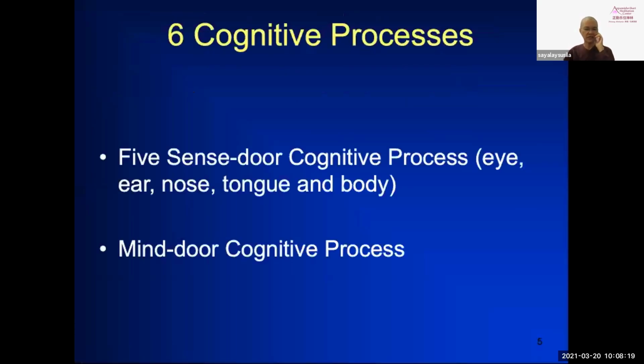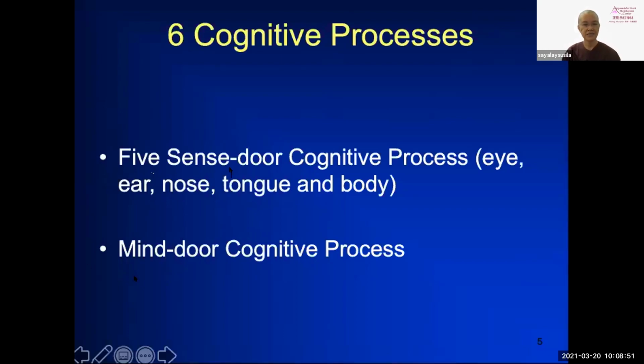In order to know the cognitive process, there are 6 types of cognitive processes. The first 5 are called the 5 sense door cognitive processes: the eye door, ear door, nose door, tongue door, and body door cognitive processes.